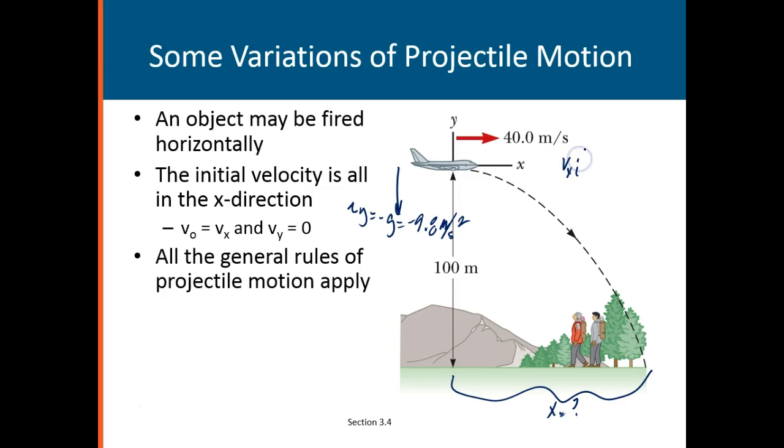I like to call it i. The book likes o. It doesn't matter. What is that? 40. Okay, initial velocity, 40.0 meters per second. So I could have just put v sub xi here, and would have saved a little bit of room because I might need this room for writing. Okay?